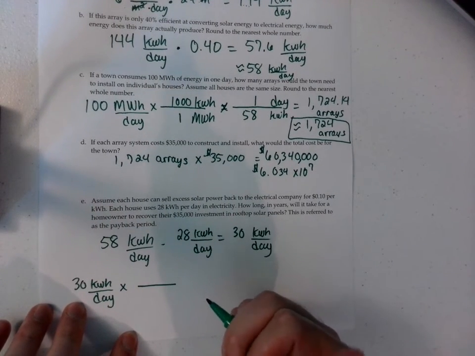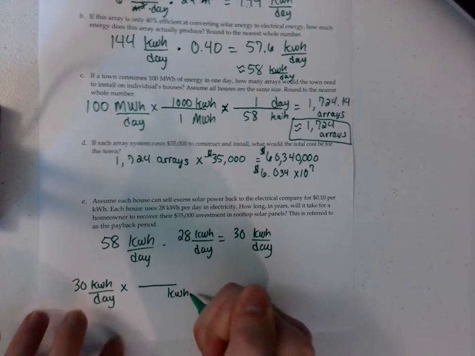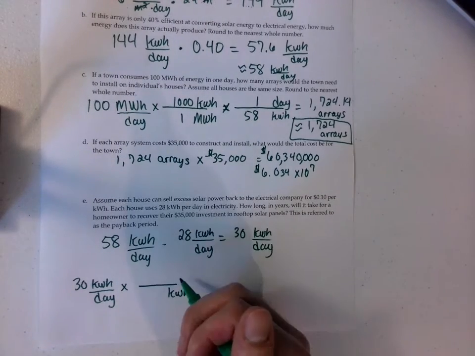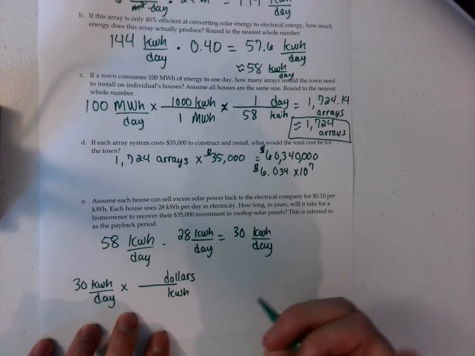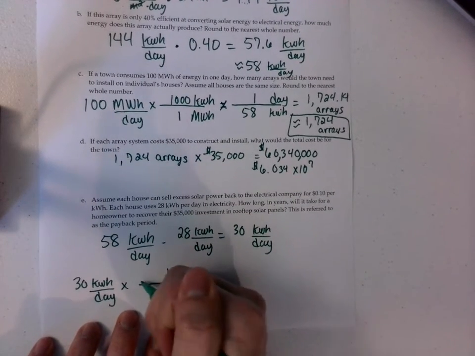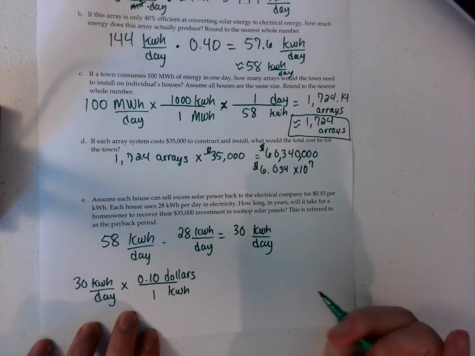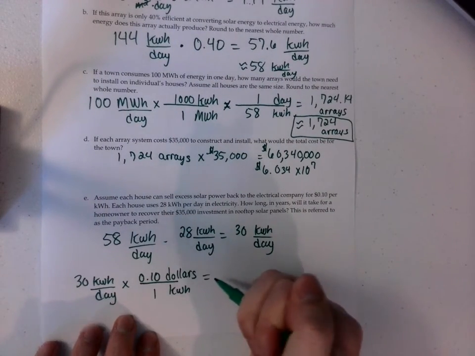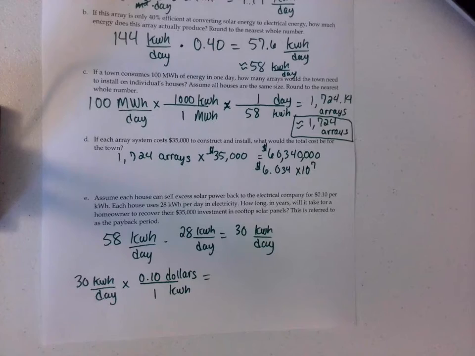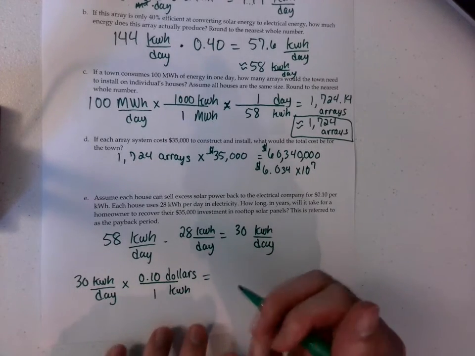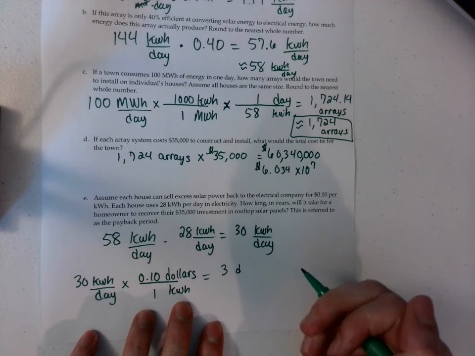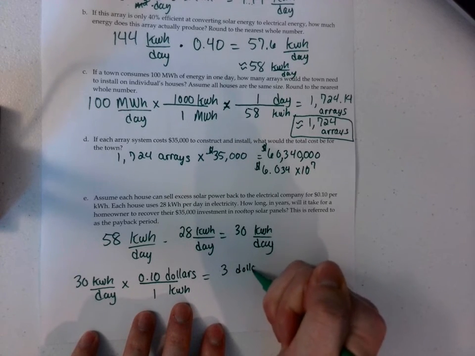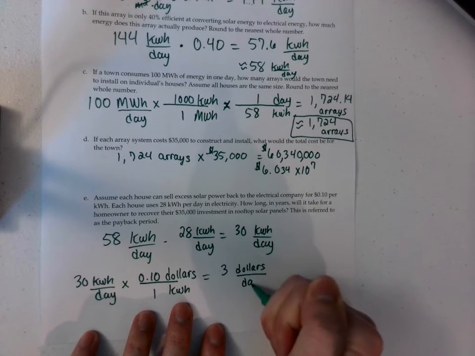Alright, so if they have 30 kilowatt hours per day, let's see how many dollars they can save per day. So kilowatt hours goes here, and then dollars is going to go here. Alright, and up here for 1 kilowatt hour, the going rate is 10 cents or $0.1. Alright, so if you want to do this on the calculator, you can. 30 times 0.1 is just going to be $3 per 1 day.